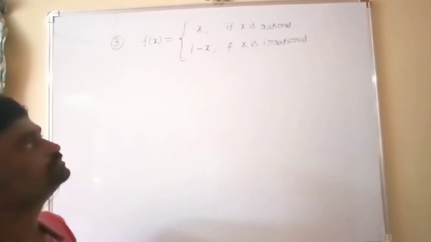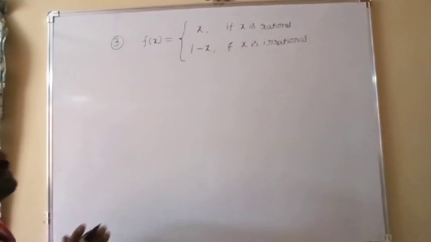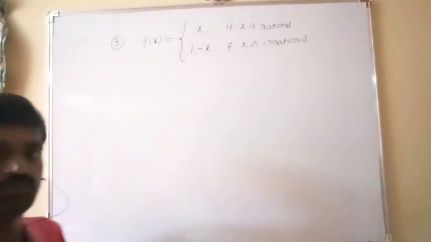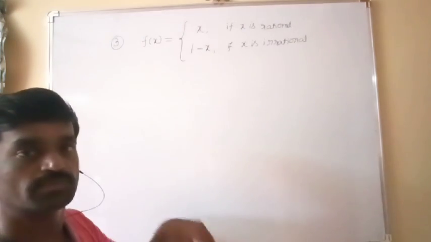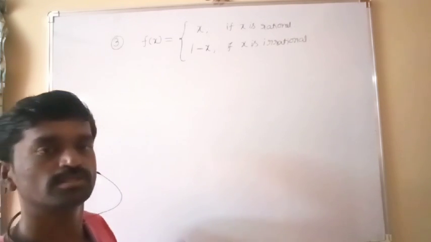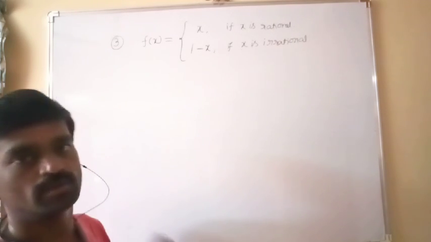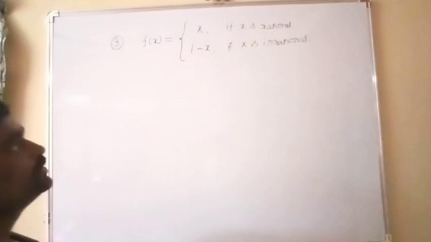Okay, so here how to find at which points this function is continuous or at which points it is not continuous. So I'll give one method, just you follow this method.